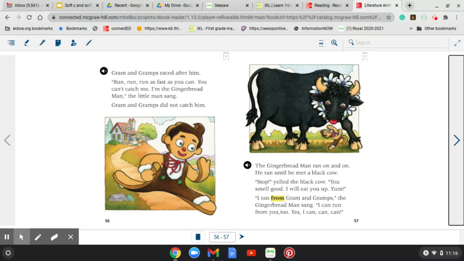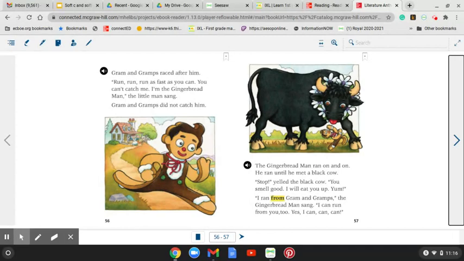He ran until he met a black cow. Stop, yelled the black cow. You smell good. I will eat you up. Yum. I ran from Graham and Gramps, the gingerbread man sang. And I can run from you too. Yes, I can.